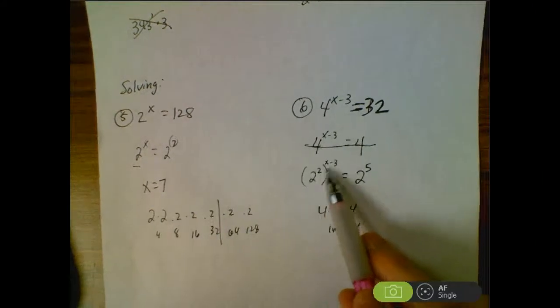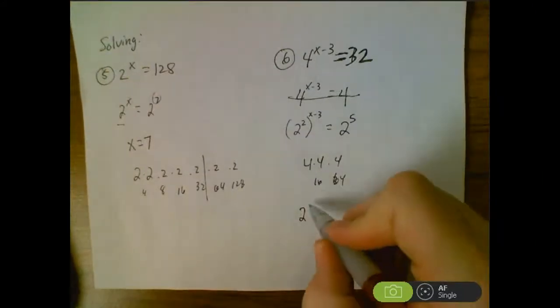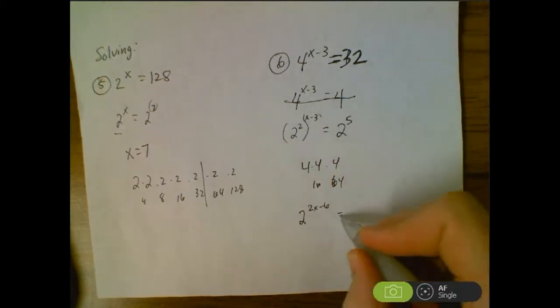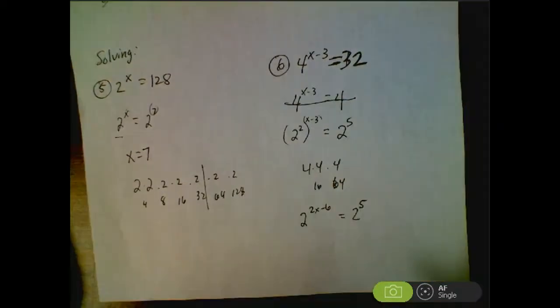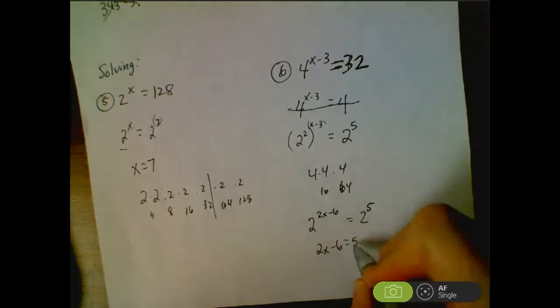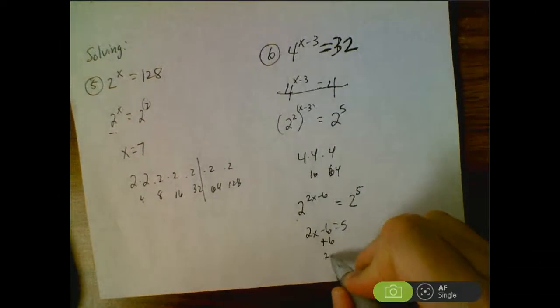When we have a power to a power, it's 2 to the 2x minus 6. We're going to multiply these two things together. Equals 2 to the 5th. We have the same base. 2x minus 6 equals 5. Add 6. 2x is 11.